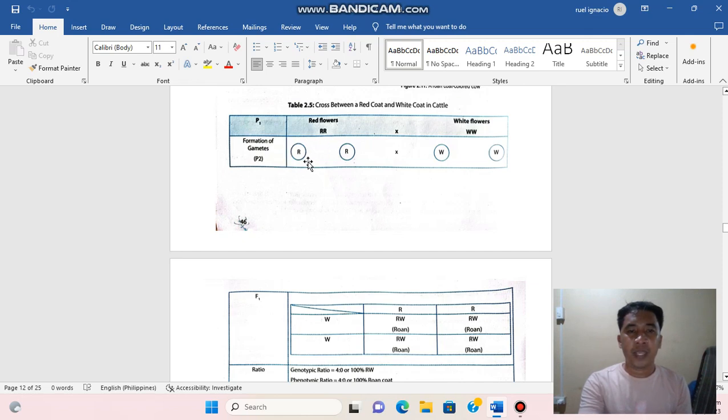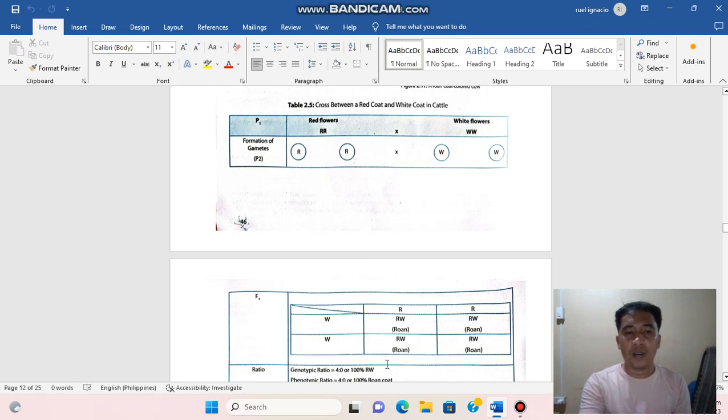We have that big letter R and this big letter R, two of them. Then for the white color, it is the big letter W, two of them, or the capital letters W, which stands for the homozygous dominant white. The same with the homozygous dominant red.